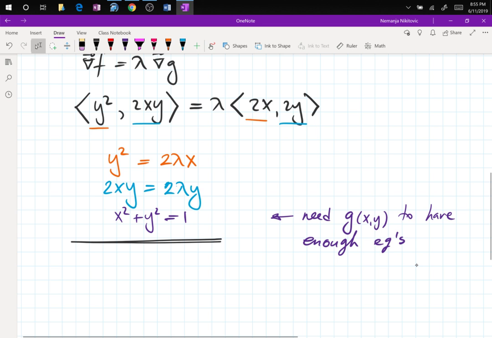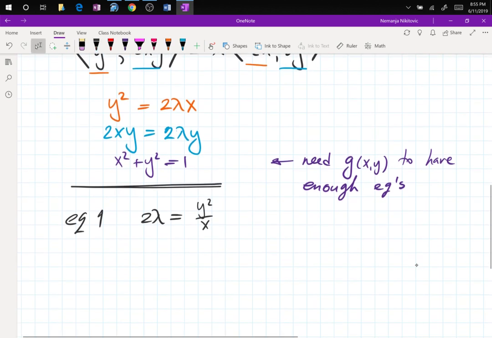Now, I can go to equation 1 and say that 2 lambda, now I'm just going to try stuff, okay? I don't know if it's going to work or not. So on the first equation, 2 lambda is equal to y squared over x. Now this still says x can't be 0, but let's see what we get. We can test for y equals 0, x equals 0 separately. I just don't want to lose any solutions.